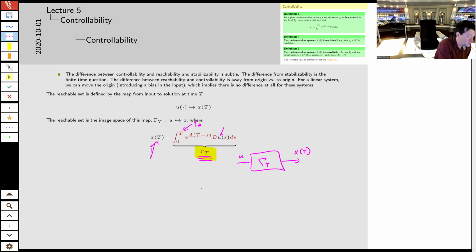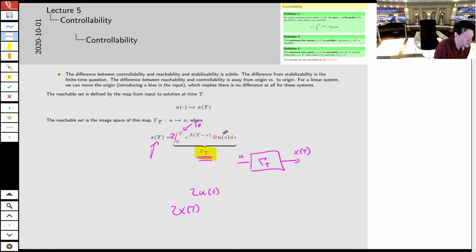So if you double u, if you use your input as 2u of t, then the output is 2x of t. Because you just plug 2 in here, and this is just multiplication, there's just integration, so I could just move the 2 outside the integral.